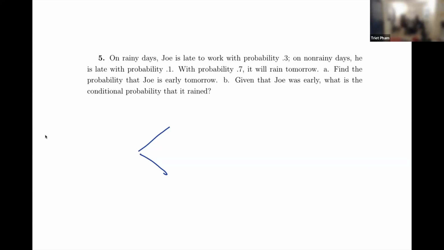The weather or late? The weather, right?